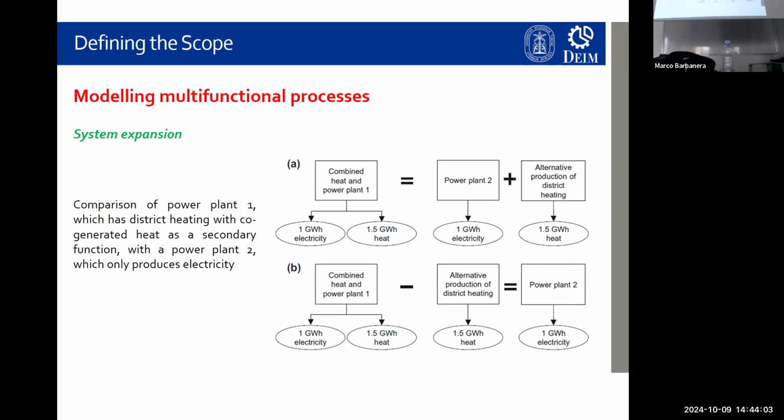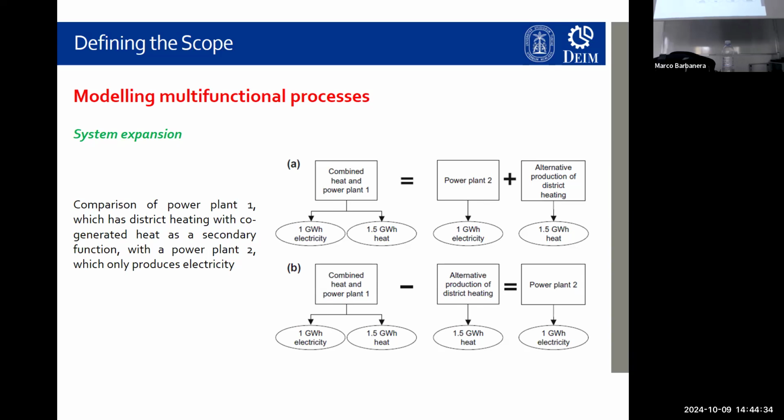A cogeneration plant is an industrial plant for energy production, in which we have the production at the same time of electricity and thermal energy, heat. In this case, if our aim is to analyze the environmental impact due to the electricity production, the thermal energy, the heat, is the byproduct of the process.